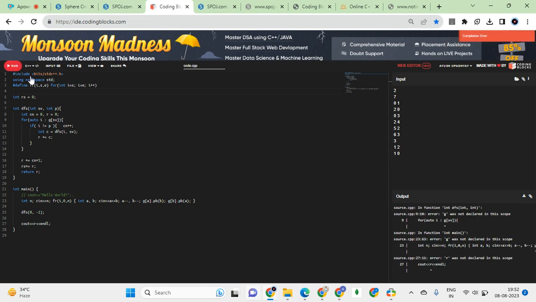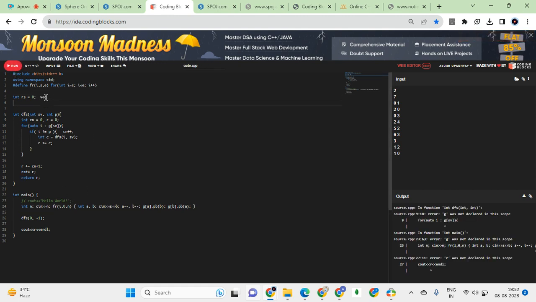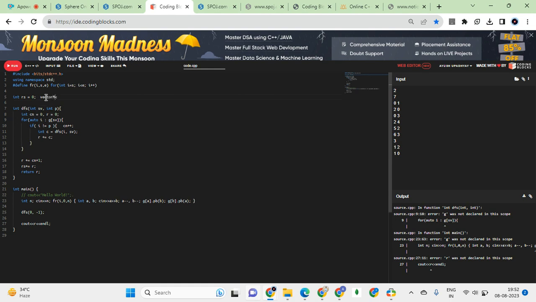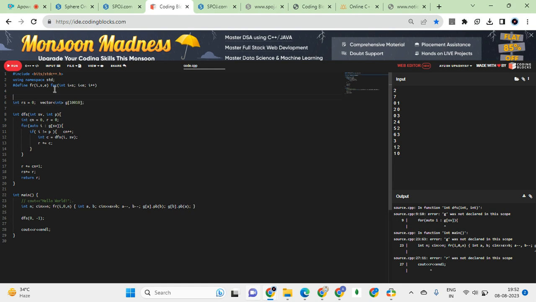G was never declared. Even PB was not declared. Arey yaar, how many nodes do you have? Like 1001 or what? What PB?